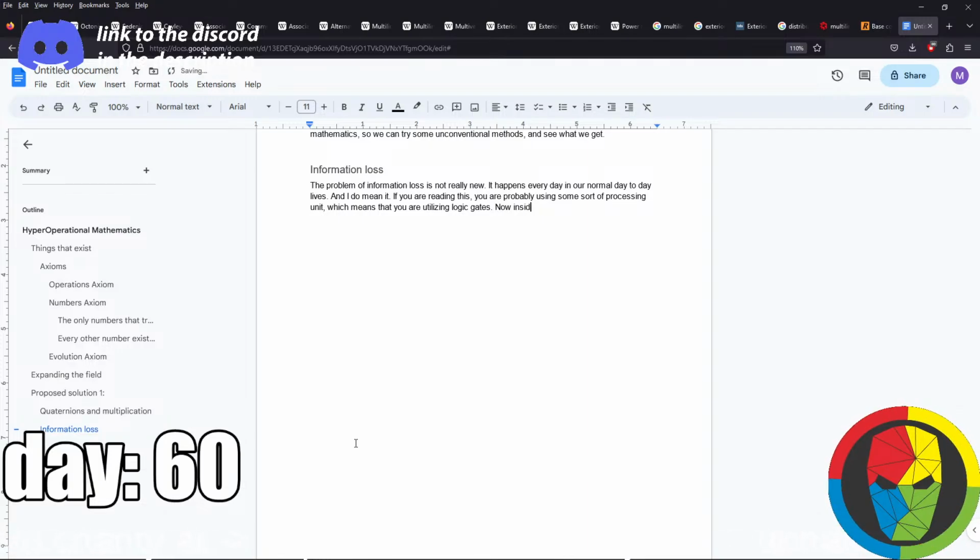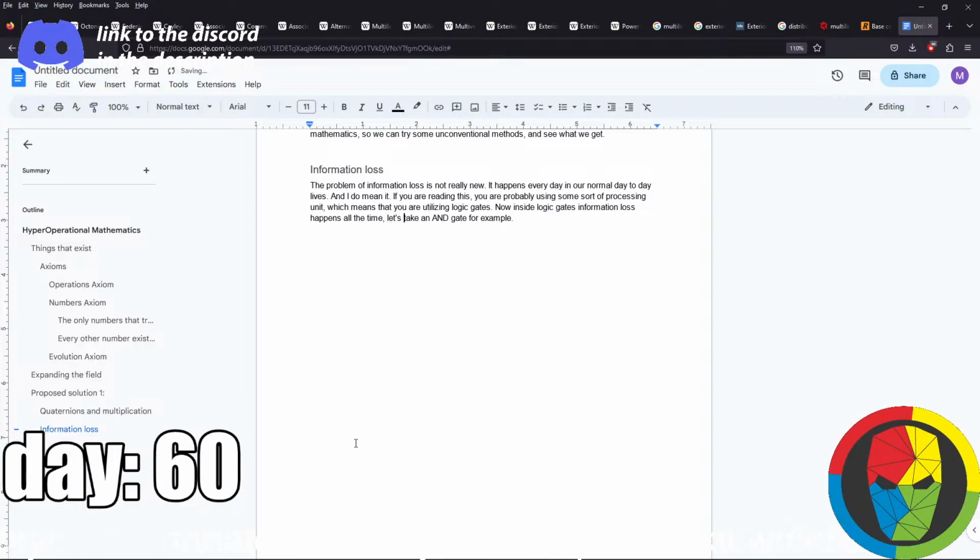Now, inside logic gates, information loss happens all the time. Let's take an AND gate for example.